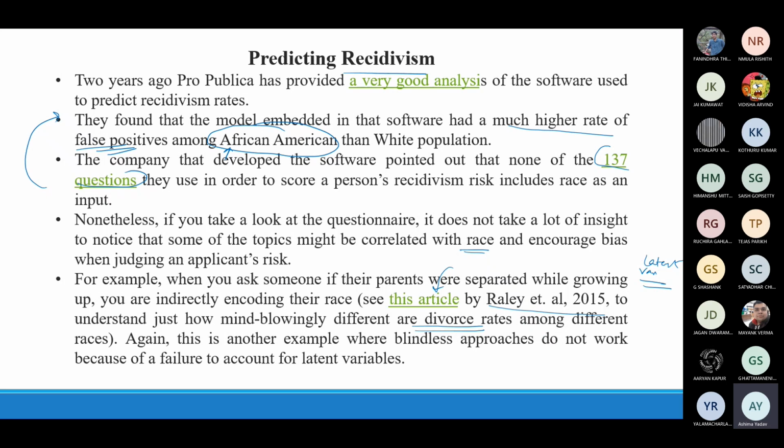So indirectly the model somehow learned this divorce rate thing, and it is giving me a false positive rate for recidivism, because the model is learning that people with a high divorce rate are the ones who have a chance to commit a crime again.